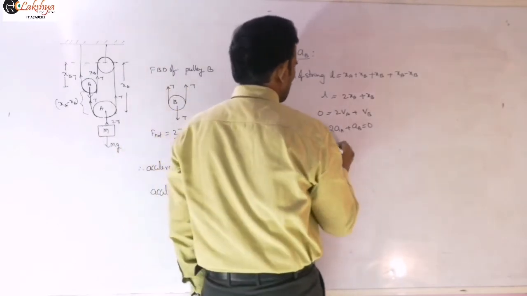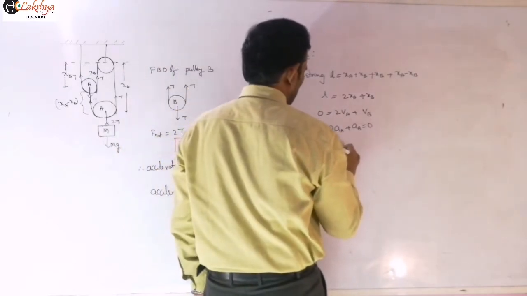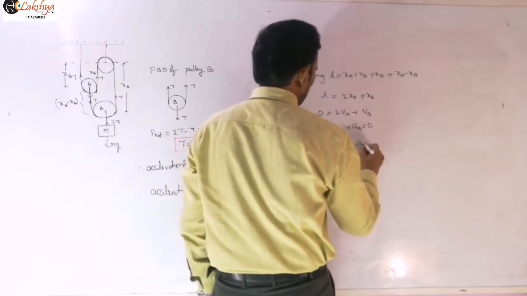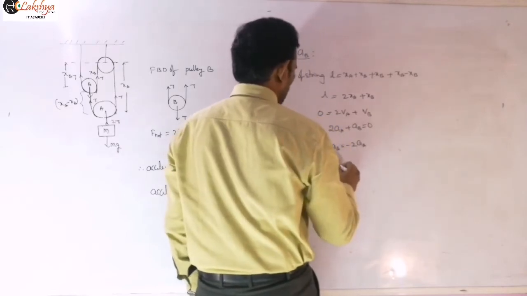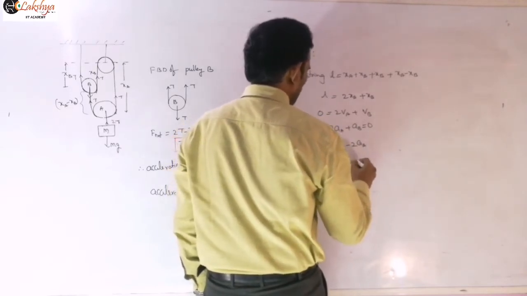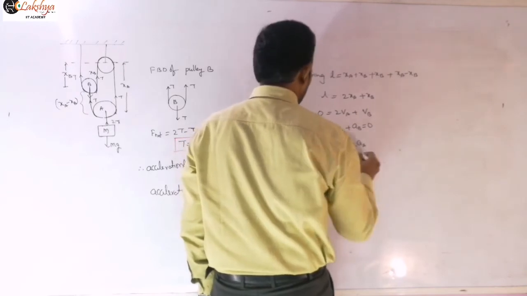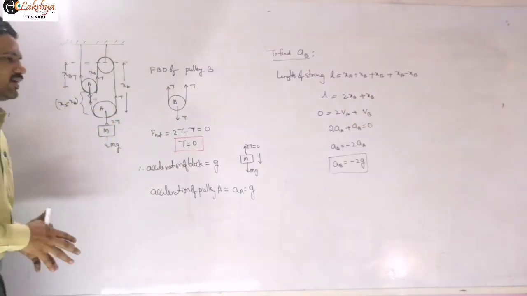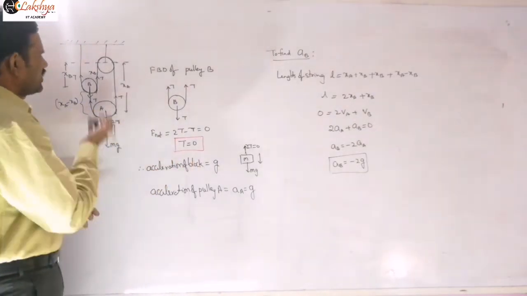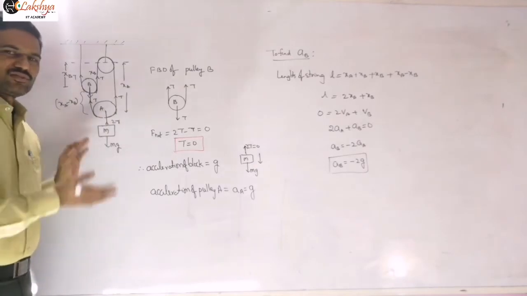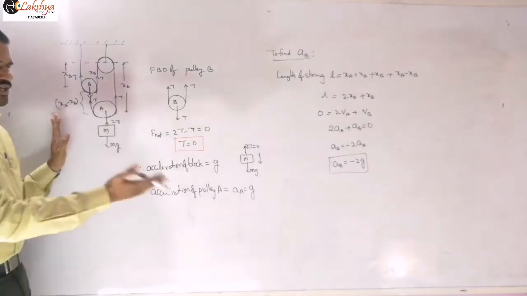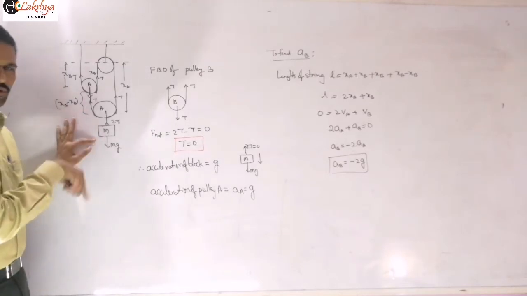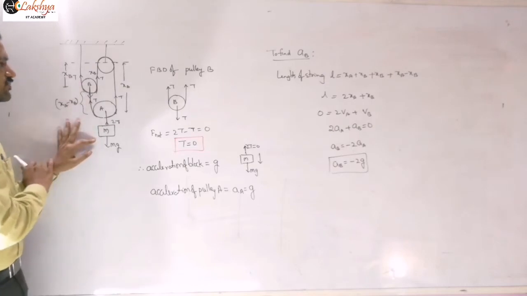And therefore, the acceleration of pulley B is equal to minus 2 times the acceleration of A, so the acceleration of B is equal to minus 2g. That negative sign indicates that pulley B is moving in the upward direction, because pulley A is moving in the downward direction because of this block moving down.